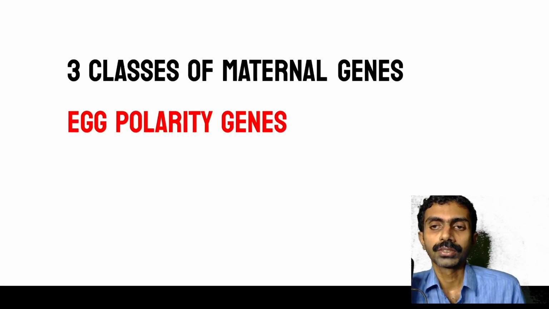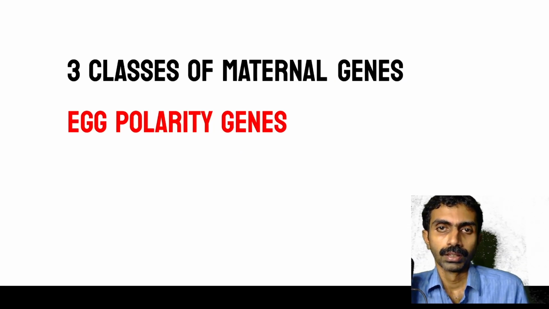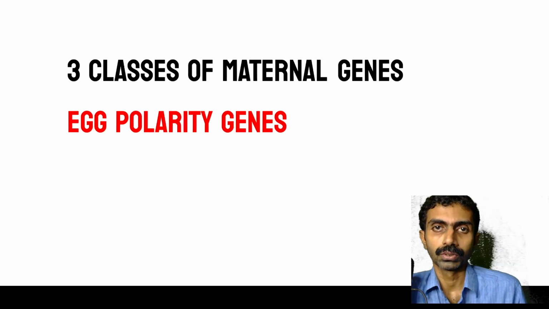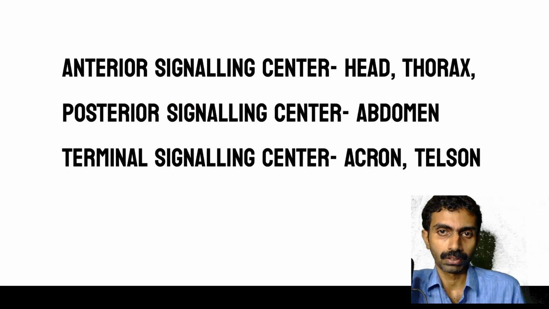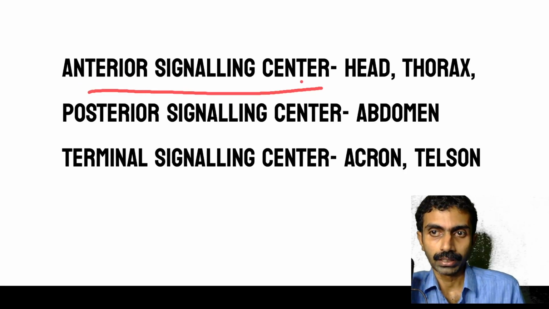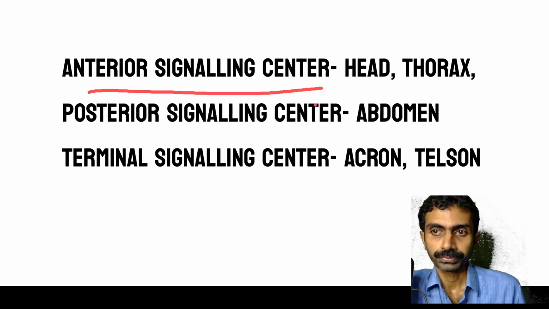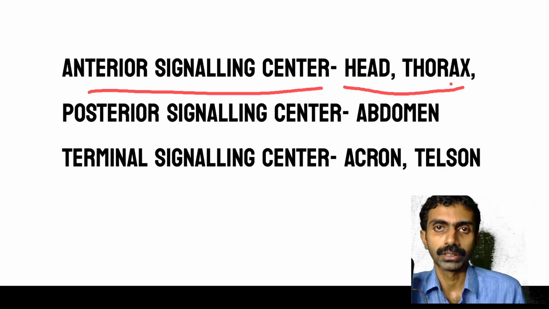So there are three classes of maternal genes, generally called egg polarity genes. We will see which are those classes. The first class is called the anterior signaling center, that leads to the formation of head and thorax regions.